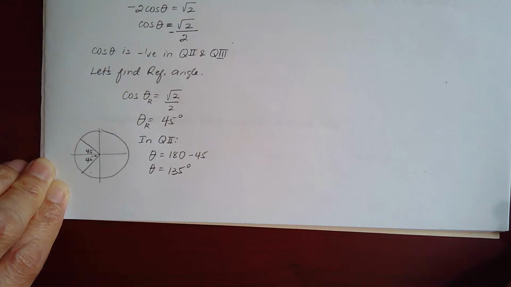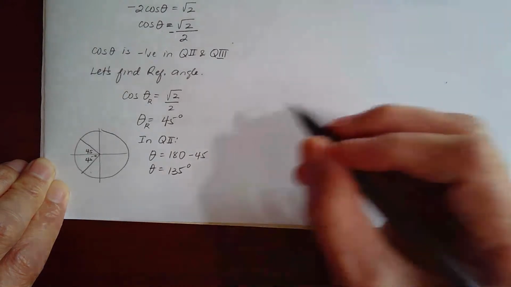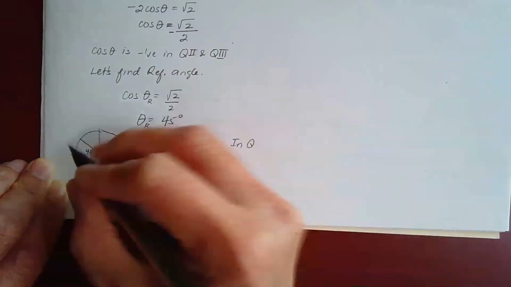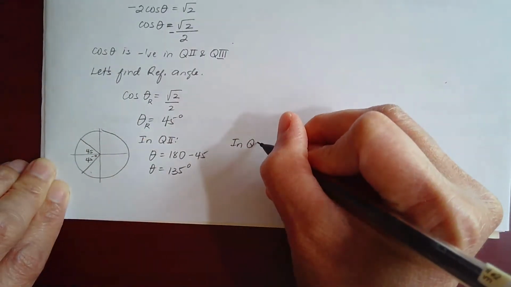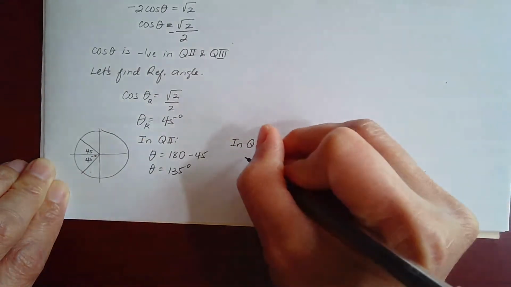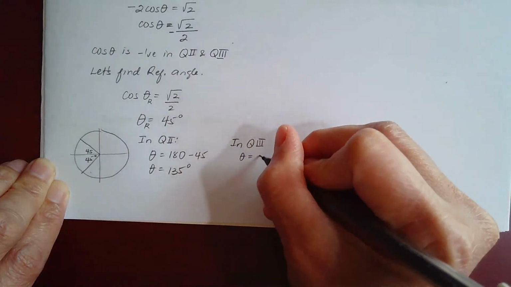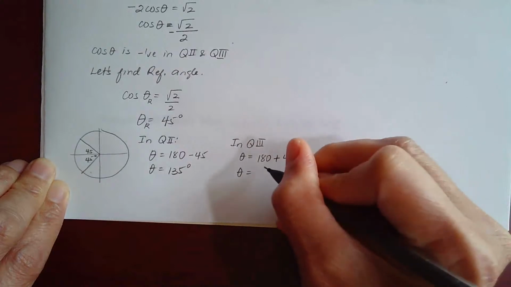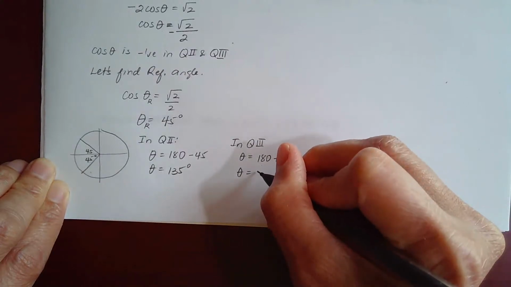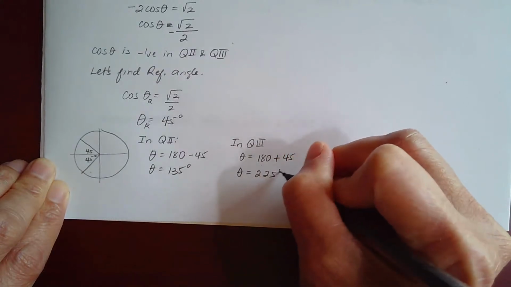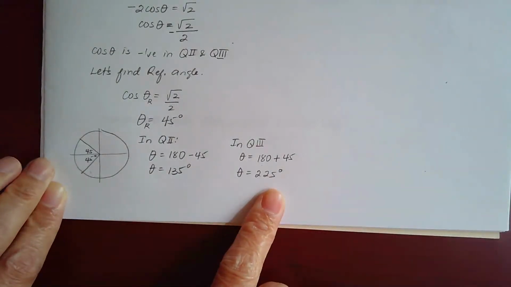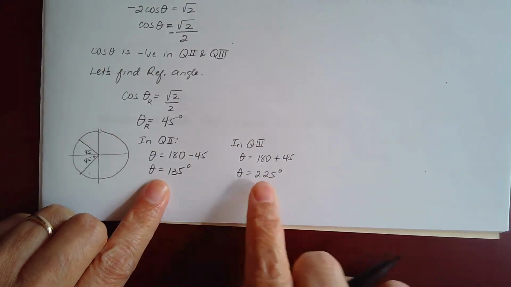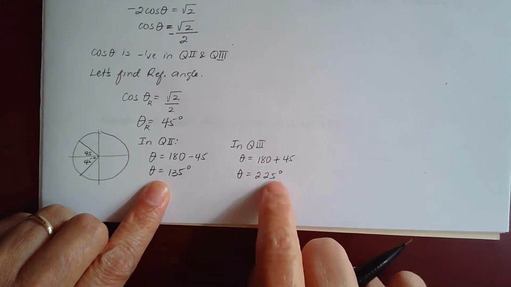And in quadrant 3, theta is going to be 180 plus 45, which is 225 degrees.